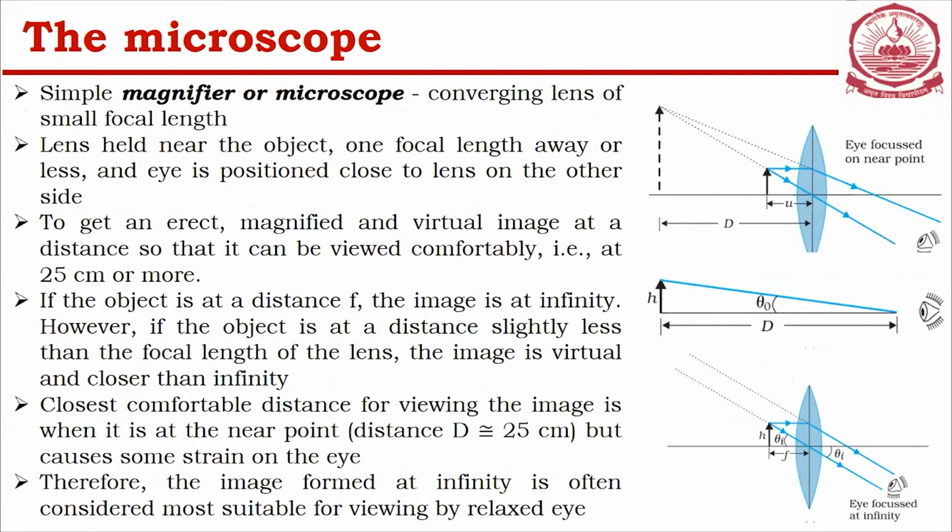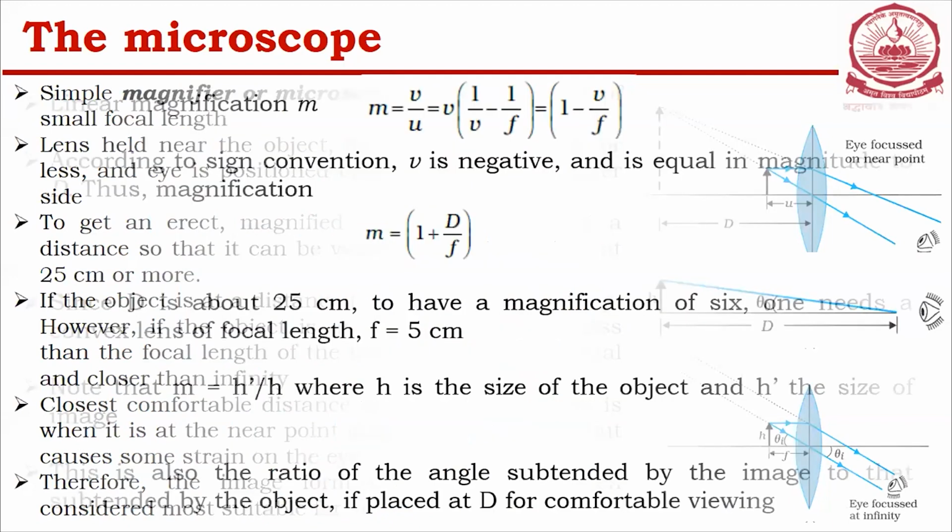The linear magnification is h dash by h or minus v by u, but the angular magnification is theta I by theta naught: the angle subtended at your eye with the lens divided by that without any lens. That is your angular magnification.